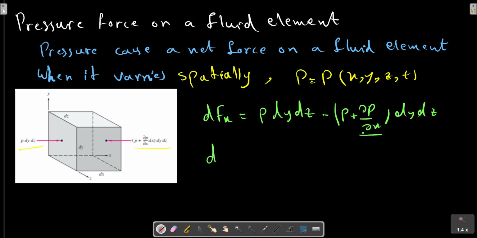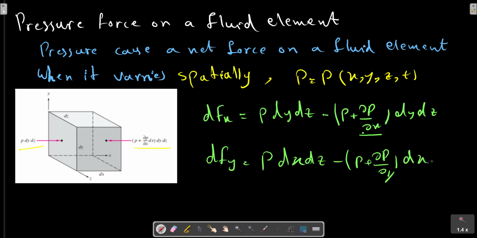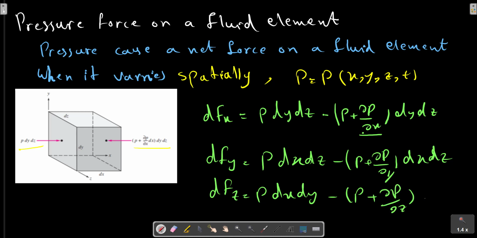For dFy we have p dx dz minus p plus the partial of p with respect to y dy times dx dz, and in the z direction dFz equals p dx dy minus p plus the partial of p with respect to z dz times dx dy.